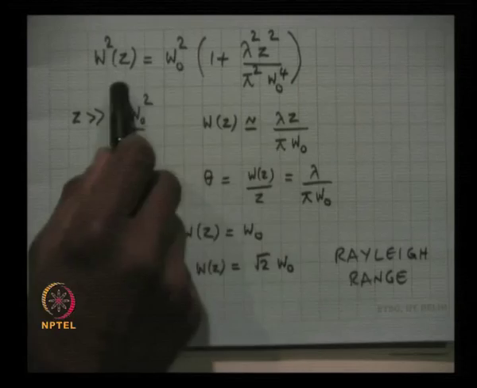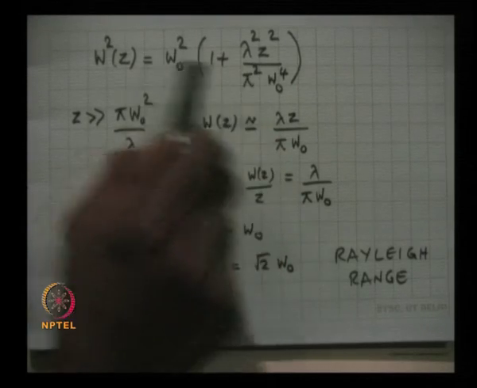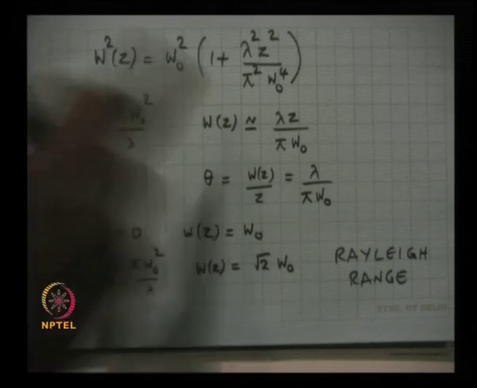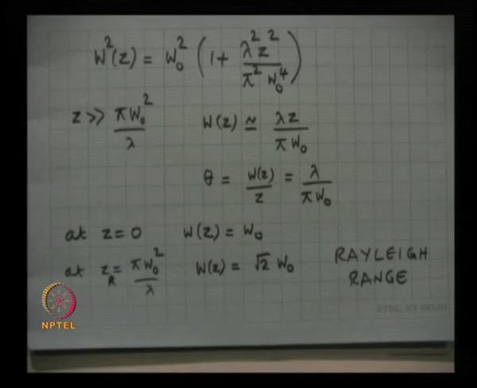Please note that z equal to 0 is special, because that is the position where w of z is minimum. For z positive and negative, the spot size is more. So, this z equal to 0 plane is also called the waist of the Gaussian beam.